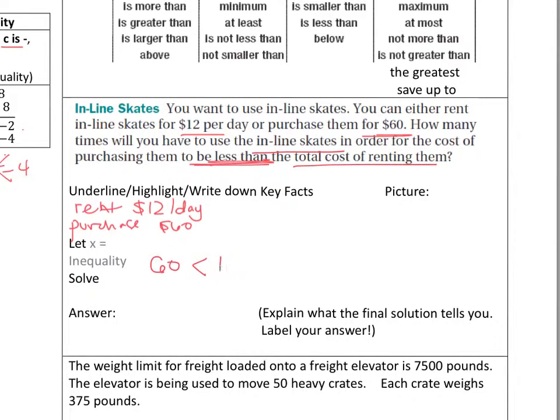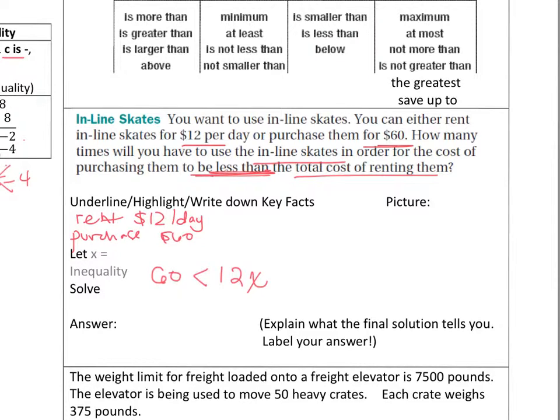So 12 times x. Therefore, I can say that x is the number of times I will be using the inline skates. So I'm going to divide by 12. And then 5 will be less than x.